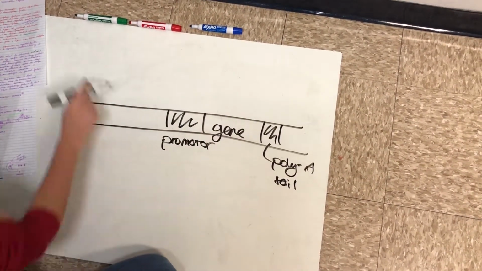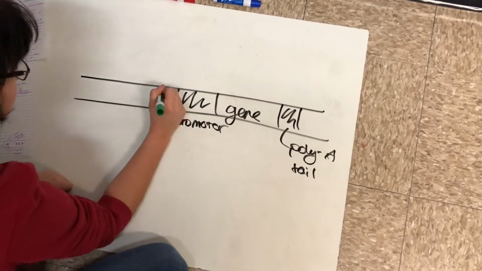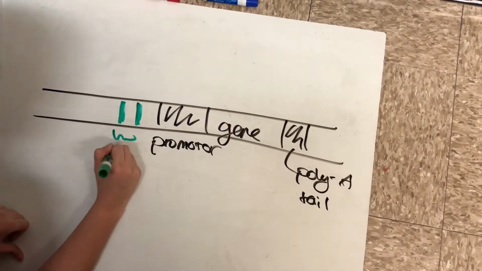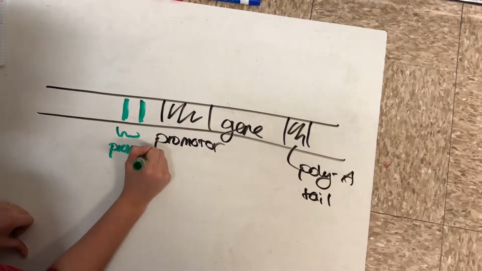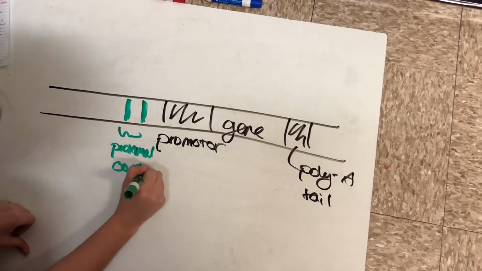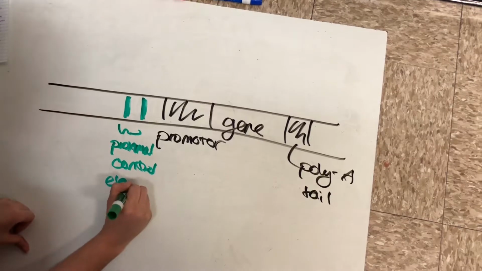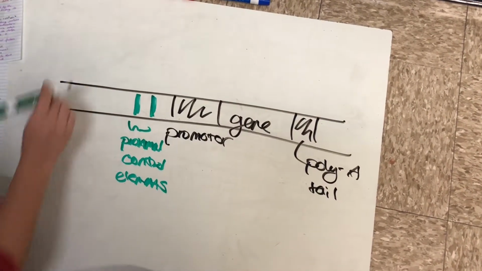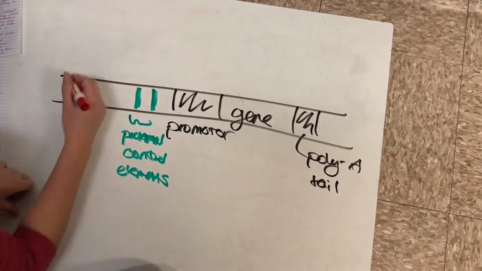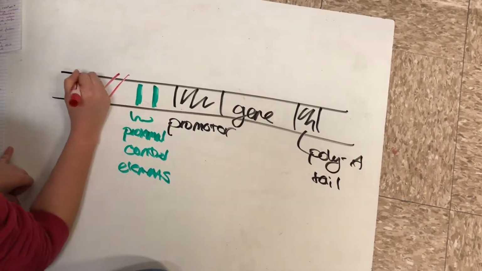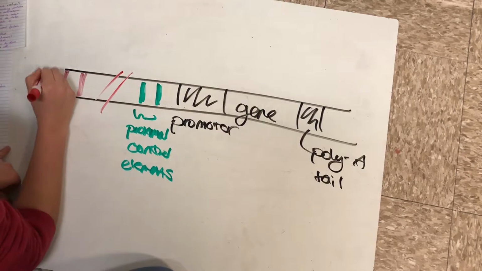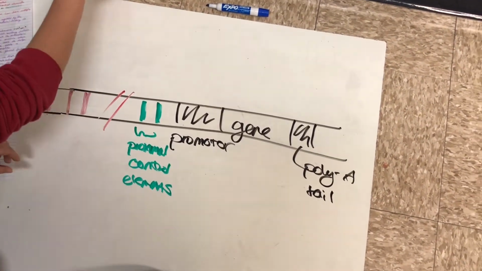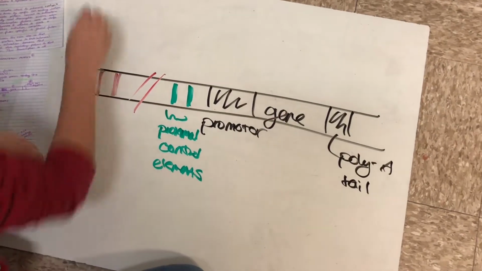There are 2 types of control elements: proximal, near the promoter, and we will focus on distal control elements, located further upstream, which utilize enhancers.